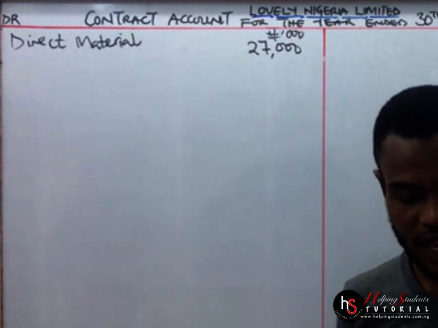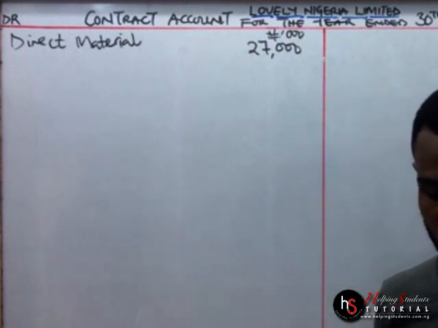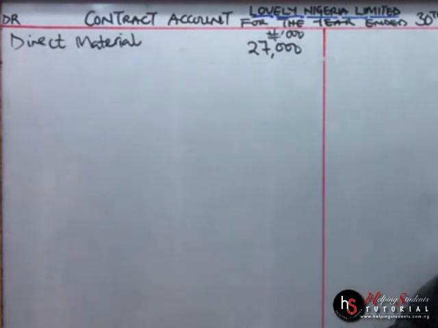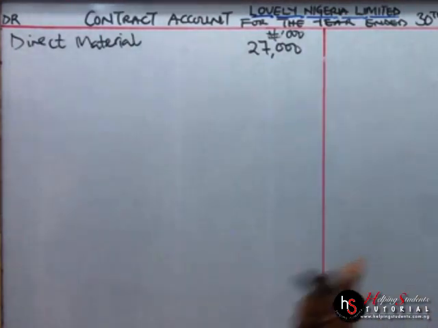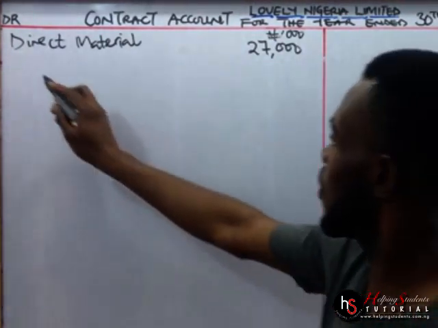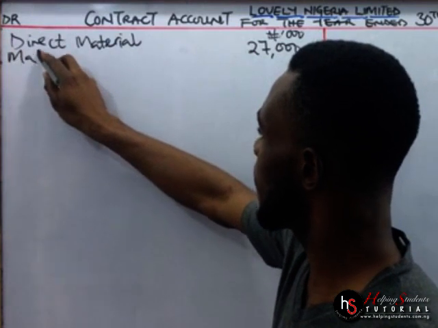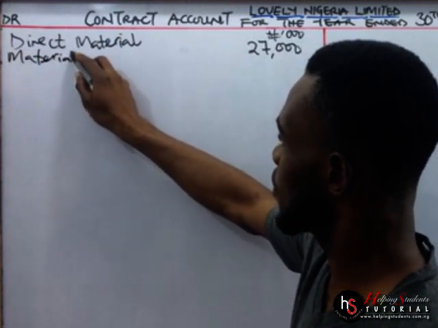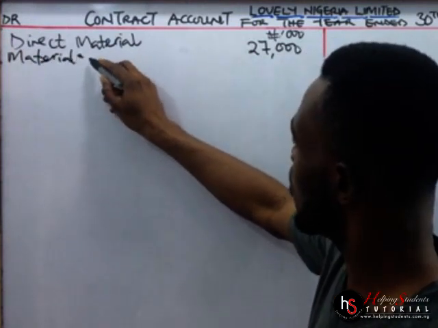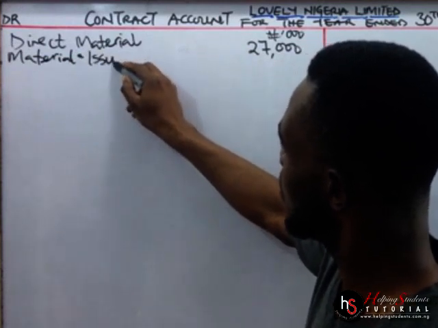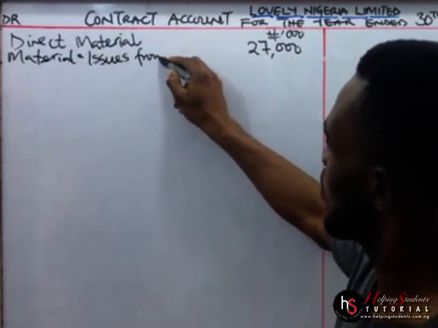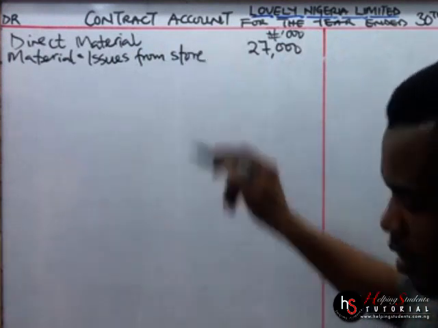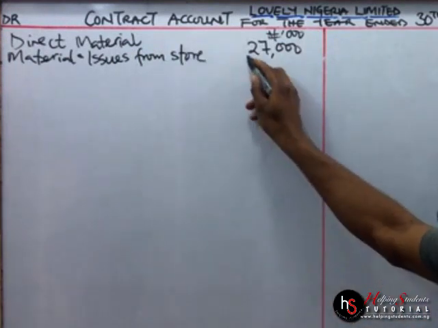The next thing we have there is materials issued from store. So where will it be? On the debit side or on the credit side? It goes to the debit side, all right? So we have materials issued from store. And we have 30,000.